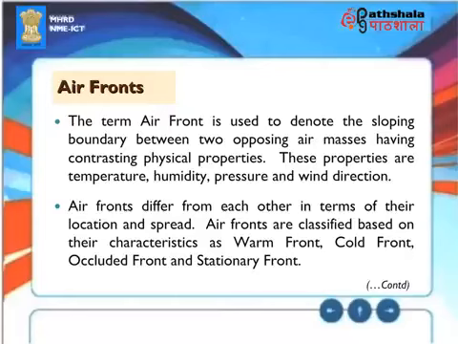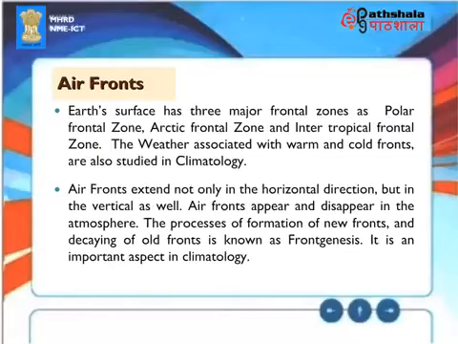Air fronts are classified based on their characteristics as warm front, cold front, occluded front, and stationary front. Earth's surface has three major frontal zones: polar frontal zone, Arctic frontal zone, and intertropical frontal zone. The weather associated with warm and cold fronts is also studied in climatology.